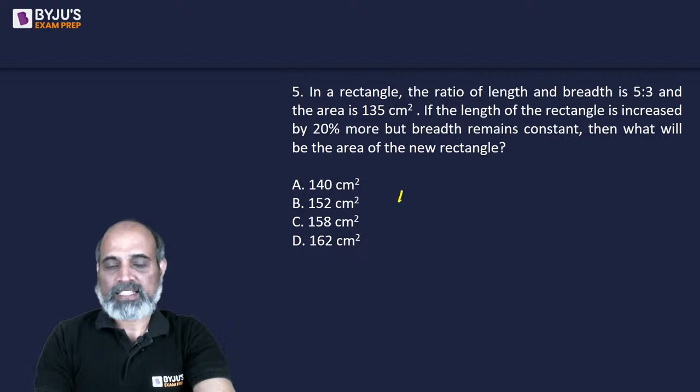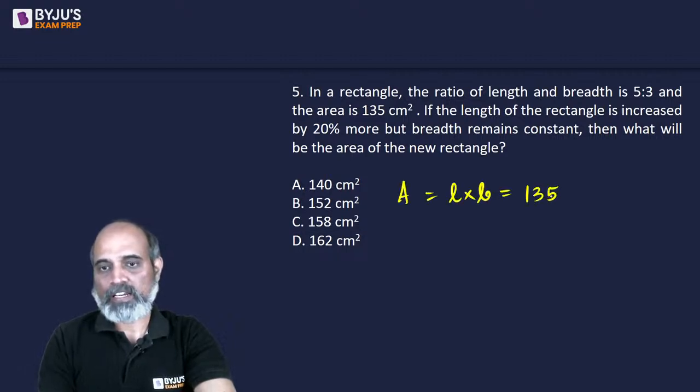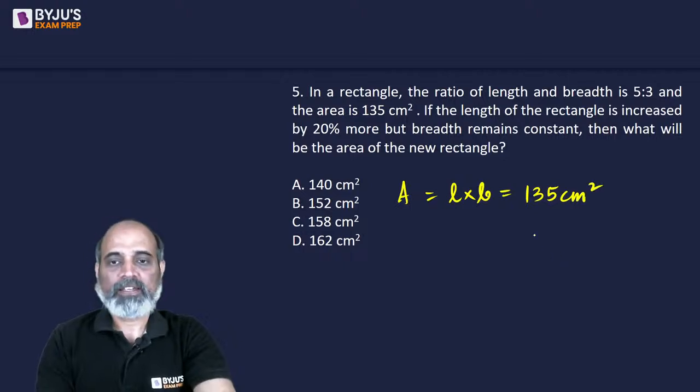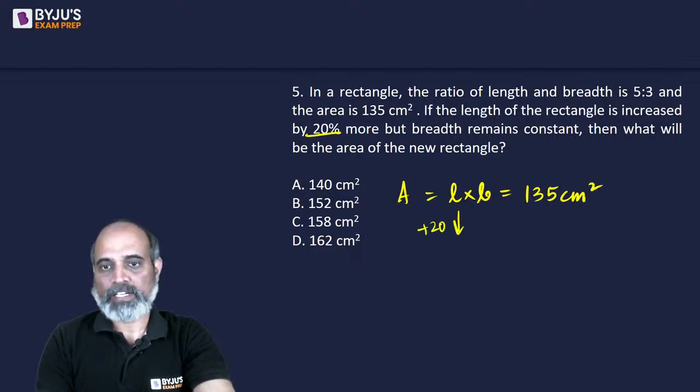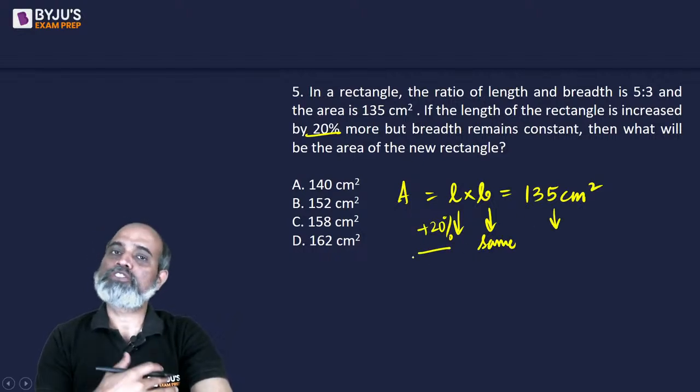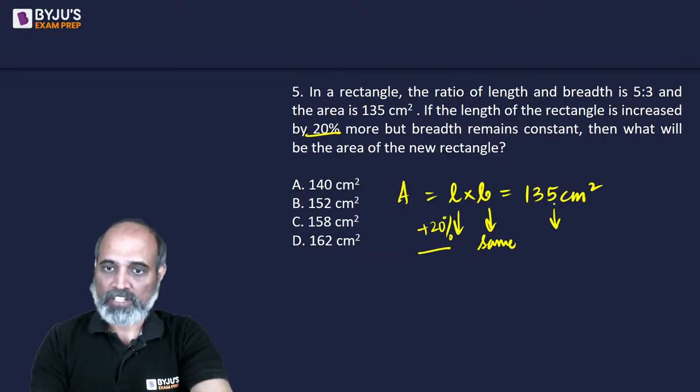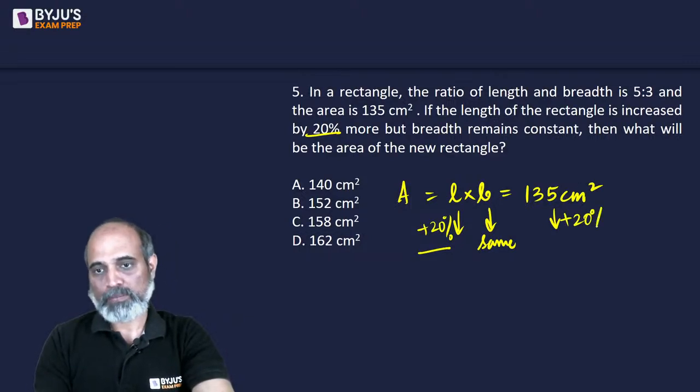Since area is length into breadth, if length increases by 20% and breadth remains the same, the area will change by whatever percentage the length changed. So area will also change by 20%.